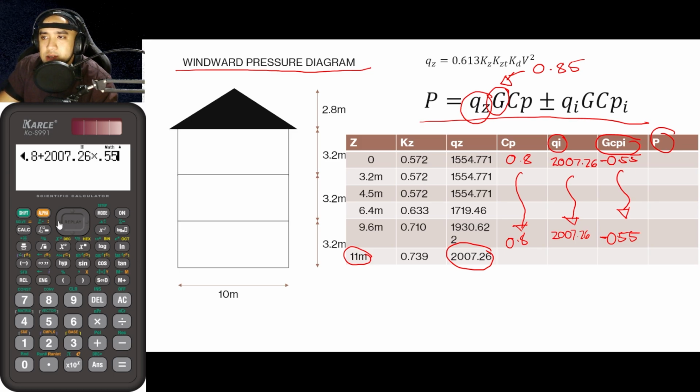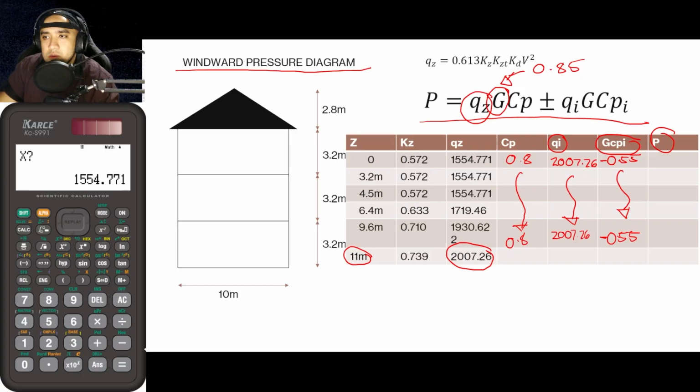Pressing calc, what is X? That is 1554.771. Oops, sorry, this must be negative, I should say. So plus negative 0.55.